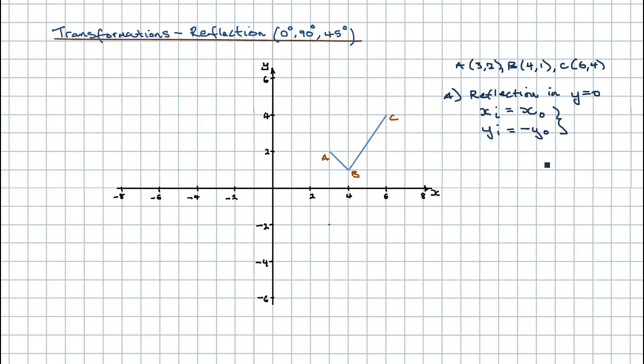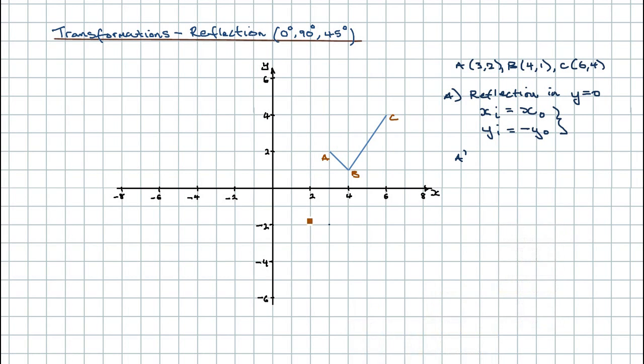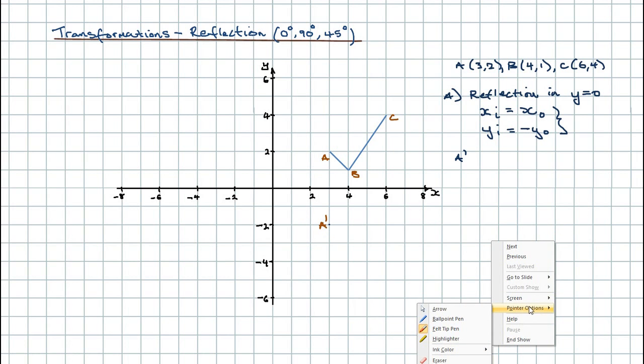And that's something that's pretty easy to remember and a useful formula, because when we've got this idea, we can then immediately, without using any geometric methods, go straight for A prime, B prime, and C prime. So A prime down here is going to be what?